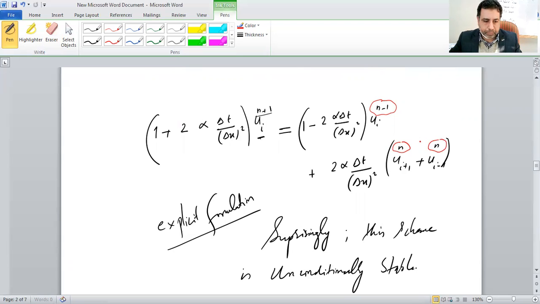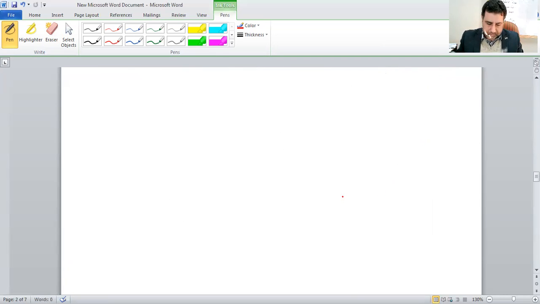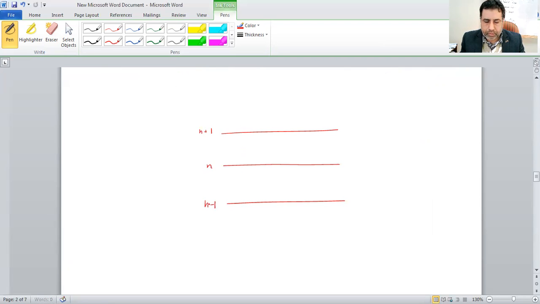So if I draw the computational stencil, this is time level n, this is n plus 1, this is n minus 1. We are interested in the solution at this location i, a generic location, and time level n plus 1.